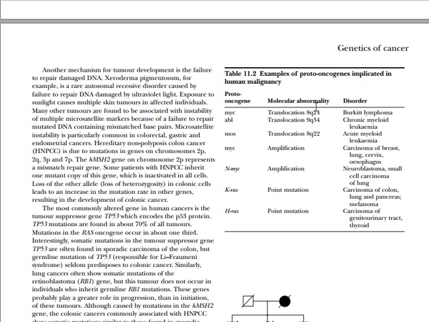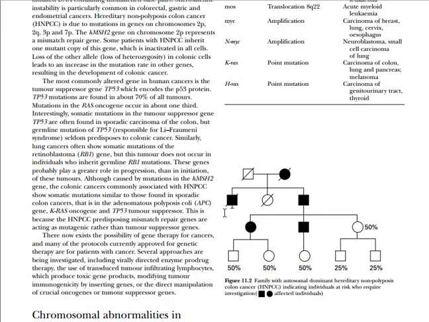If you have translocation of chromosome 8q24, it can result in Burkitt's lymphoma. The proto-oncogene ABL is with translocation 9q34 and causes chronic myeloid leukemia. So all these are disorders associated with different molecular abnormalities and proto-oncogenes.